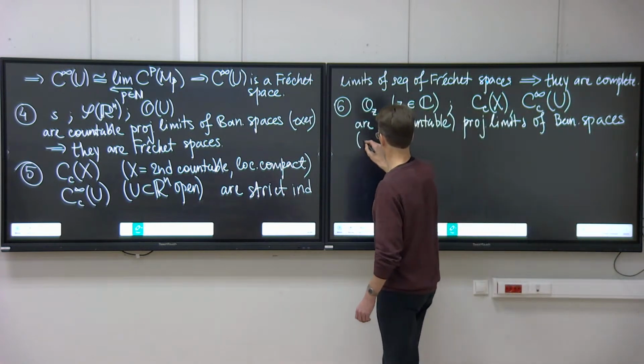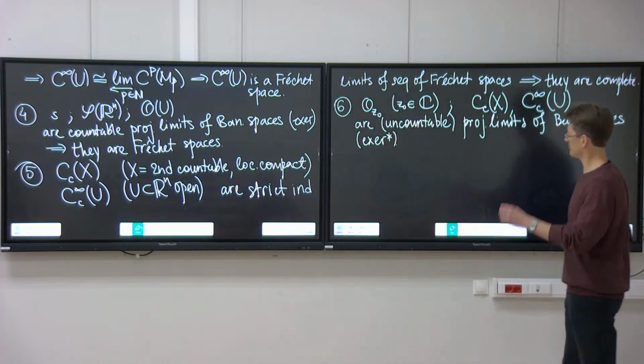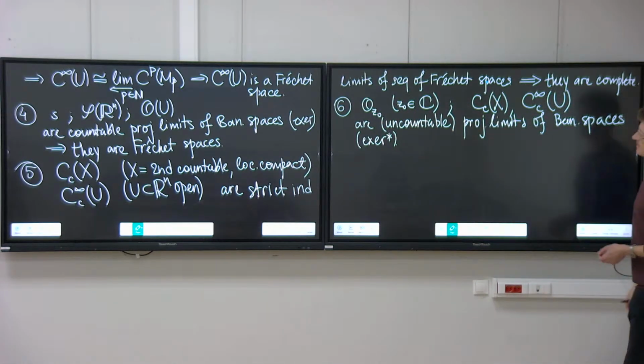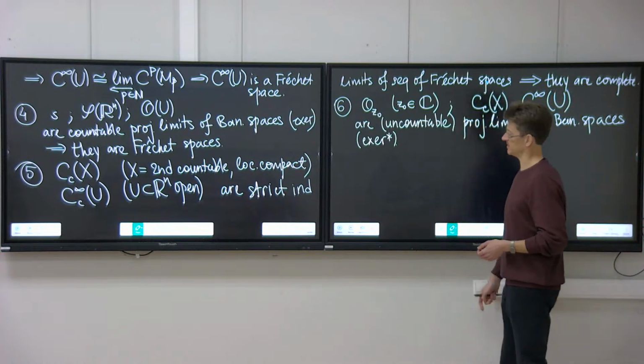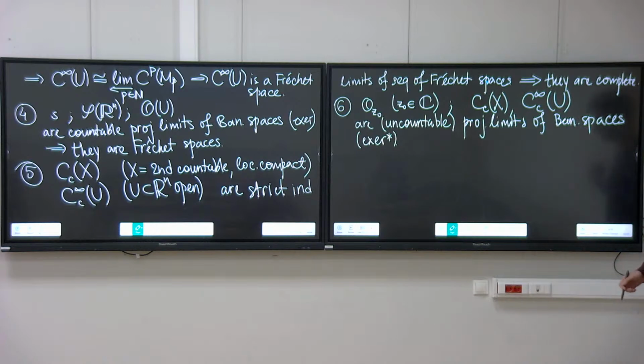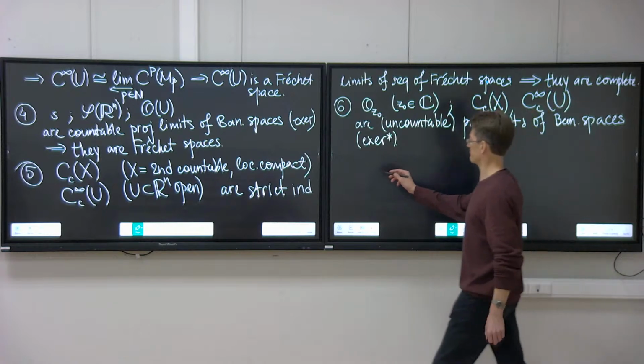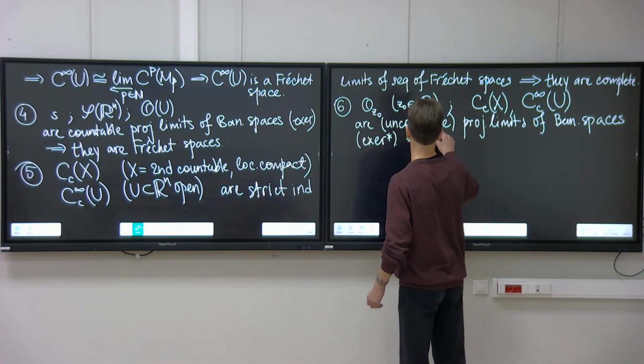This is an exercise which is, by the way, not entirely trivial. It is maybe a little bit surprising because all these spaces are constructed as inductive limits. But at the same time, it turns out they are projective limits of Banach spaces. And so this implies that they are complete.